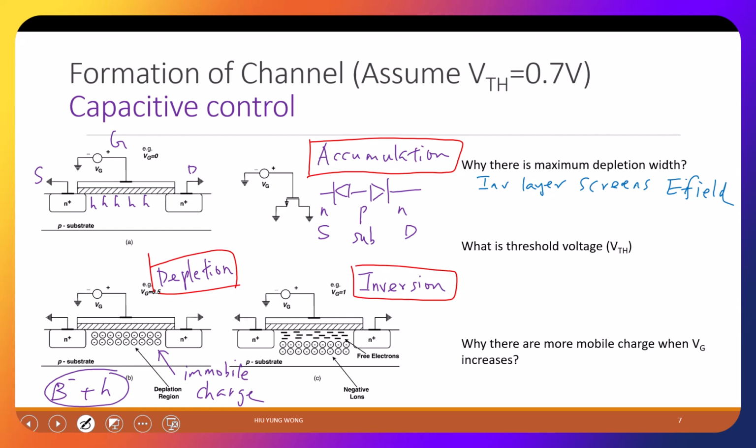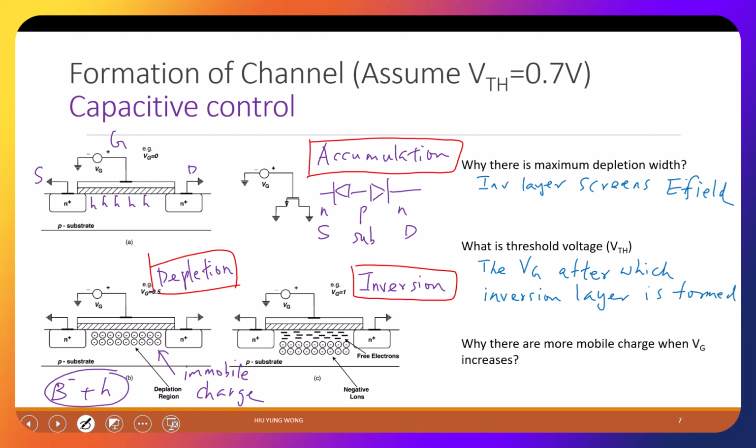We define the threshold voltage as the VG, the voltage after which the inversion layer is formed.